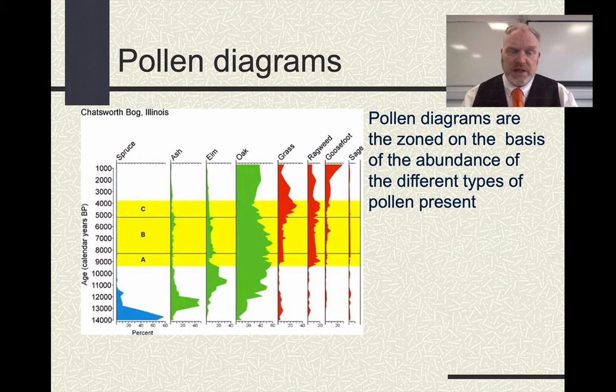Now you can see this particular diagram has got some marked on already, labelled up A, B and C. Now personally, I'm not convinced by those. Let me show you the type of thing I mean.